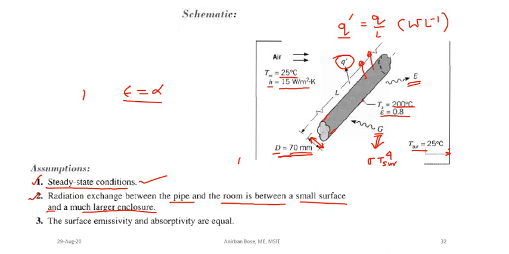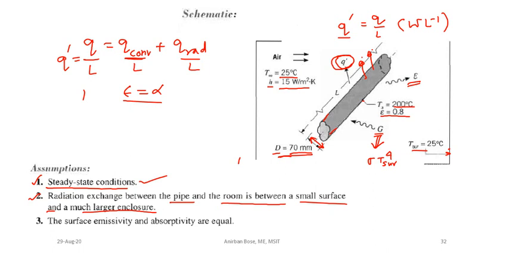So the total heat loss Q can be divided into two parts, convection and radiation. Then we have to find it per unit length, because the problem asks for Q prime, so you have to divide both by L. This is what we are going to do now.